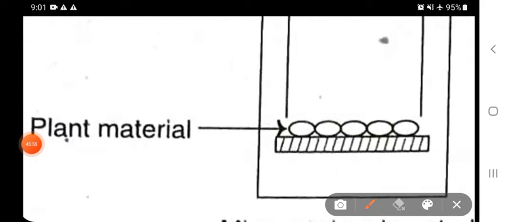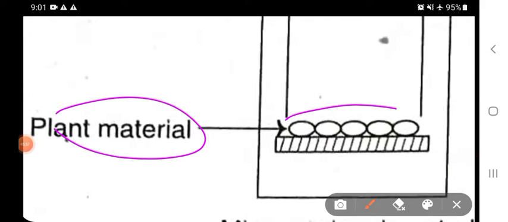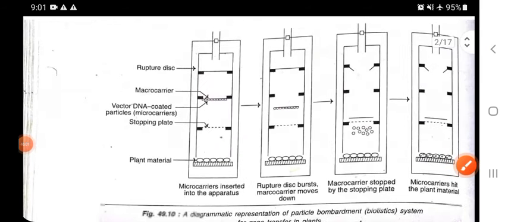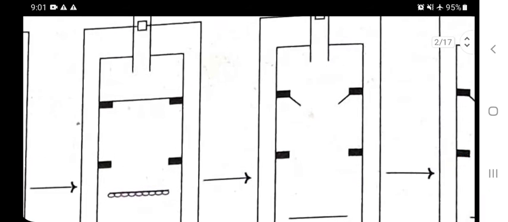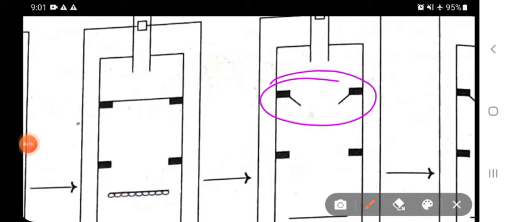Here is your plant material or the animal cells where we want to introduce the DNA. The ruptured disc has been broken down due to high force applied from upward to downward, and this is done either by using gunpowder or any other high force applied to this region.